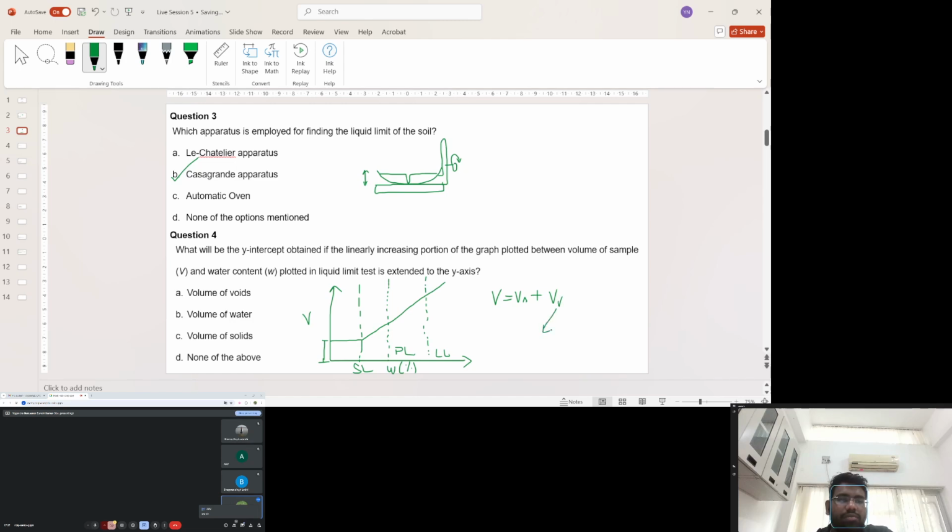When you start decreasing water content from the shrinkage limit, the volume of voids will be volume of water plus volume of air. It is a partially saturated system, and once we decrease it, at this point it gives the entire volume of solids.